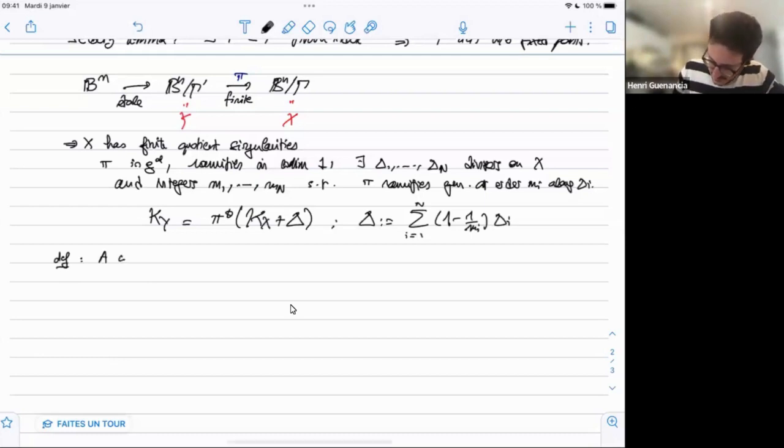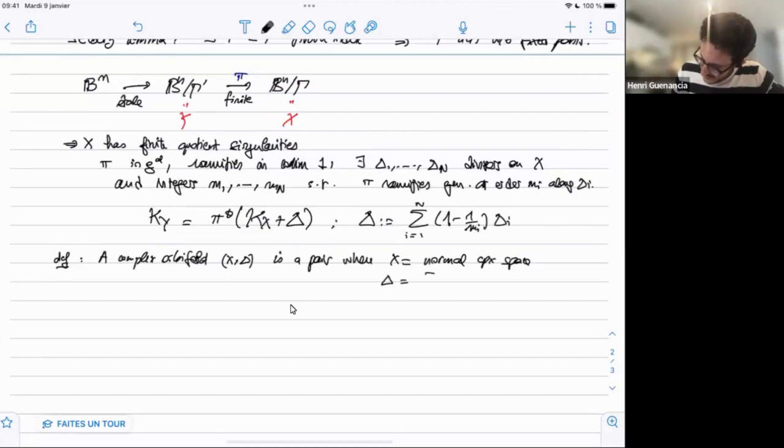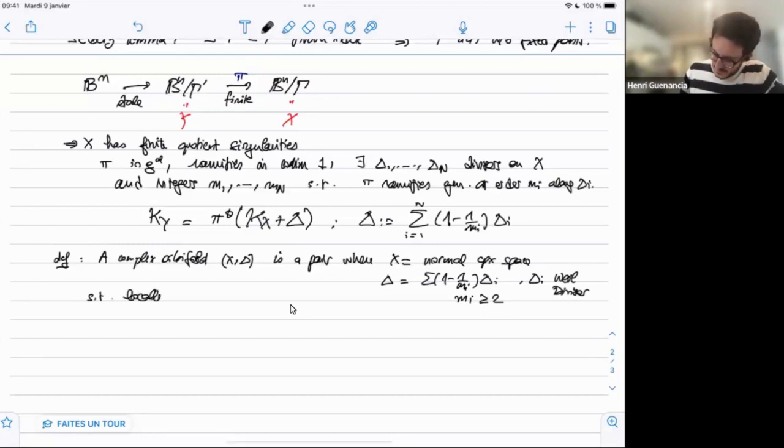So a complex orbifold X delta is a pair where X is a normal analytic space, complex space, and delta is of the form sum of (1 minus 1 over mi) delta i, a standard coefficient divisor, where the delta i are prime divisors and mi are integers at least 2, such that locally on X there exists a cover.